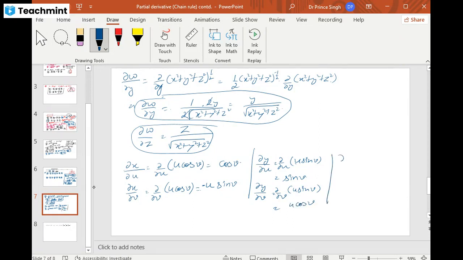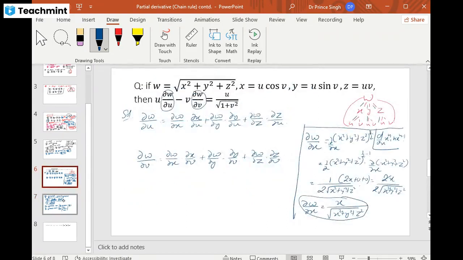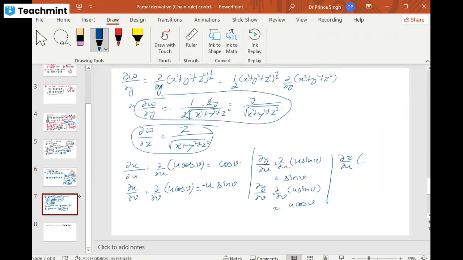And now if we differentiate z with respect to u, z is given as u into v. So the derivative of z with respect to u is v, and the derivative of z with respect to v is u.